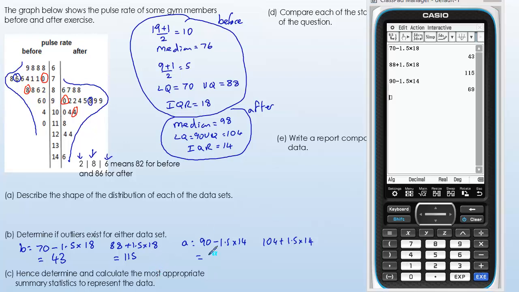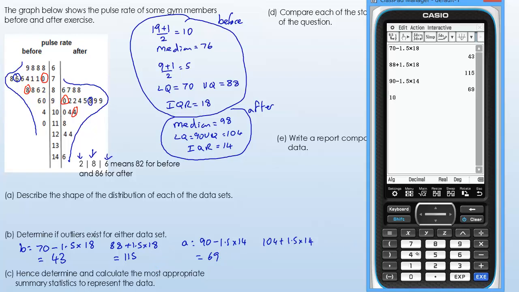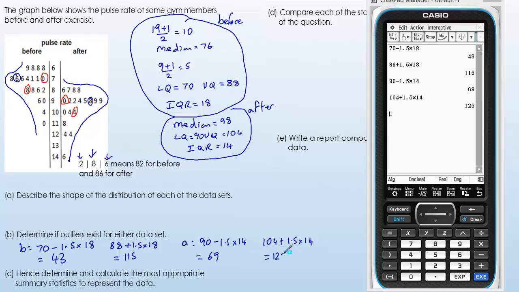We don't have any data that low. And then we'll do 104 add 1.5 multiplied by 14. That gives me 125. And we do have this one piece of data out here of 146. So 146 is an outlier.